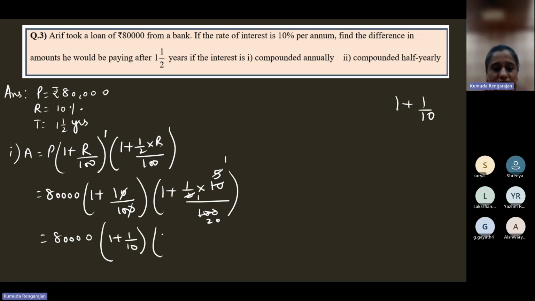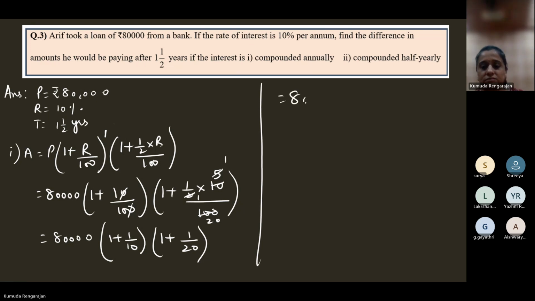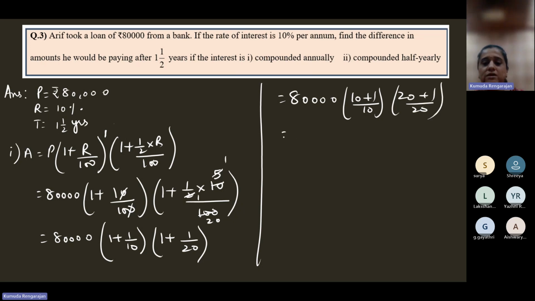In the second bracket, you have 1 plus 1 by 20. Taking the LCM, you get 10 plus 1 by 10 into 20 plus 1 by 20. 80,000 into 11 by 10 into 21 by 20. Please work this out and tell me.